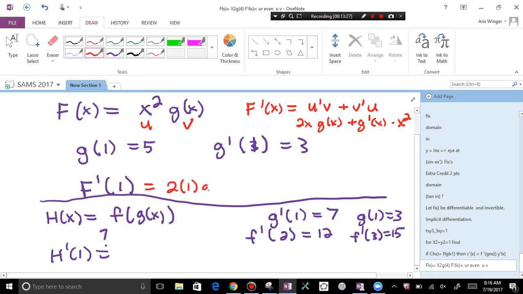It's 2 times 1 times g of 1 plus g prime of 1 times 1 squared, all of which we know. Two times 5 plus 3 times 1, that's 13.